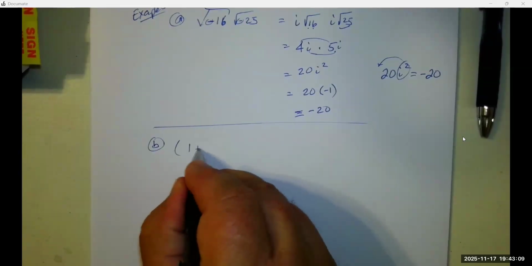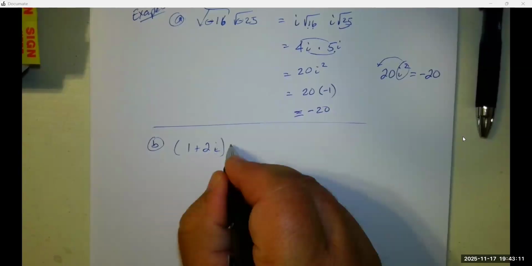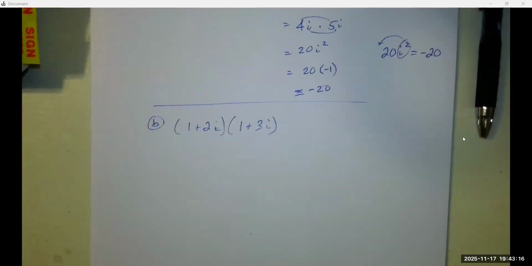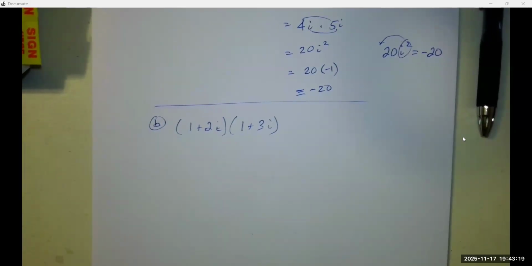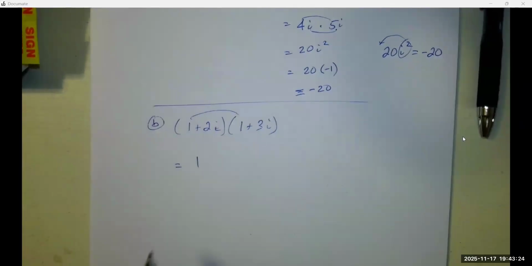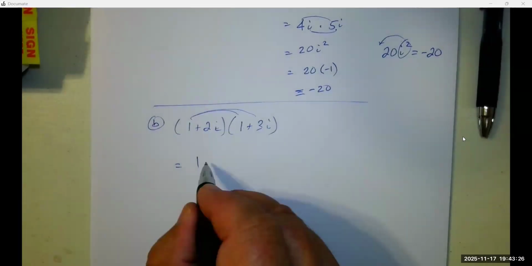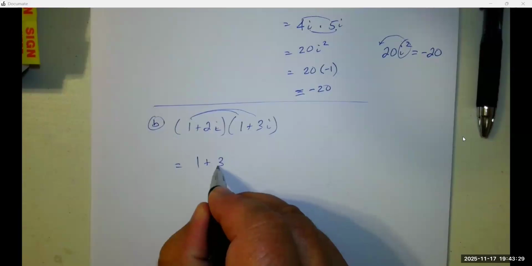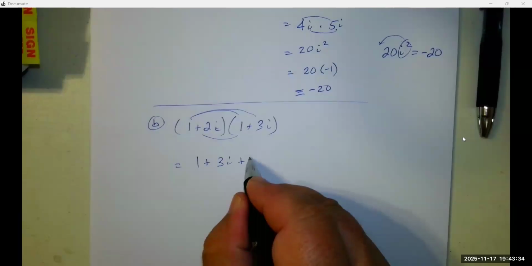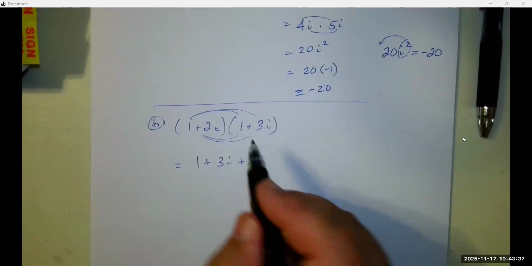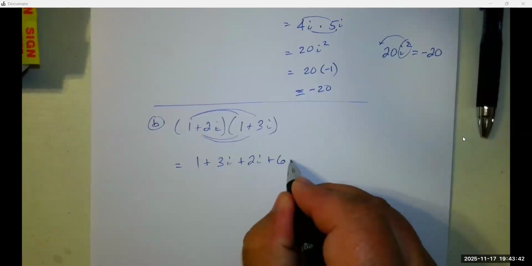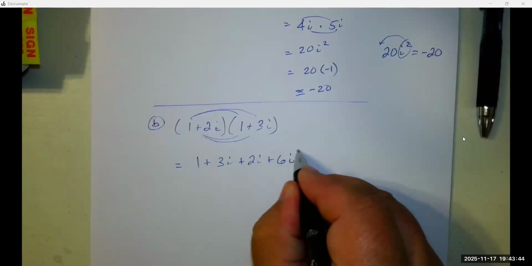All right, so let's look at if we had these binomials. We'll use the FOIL technique. We'll multiply these out. So 1 times 1 is 1. Positive times positive is positive. 1 times 3 is 3i. 2i times 1, both positive, so it's 2i. 2 times 3 is 6. i times i is i squared.